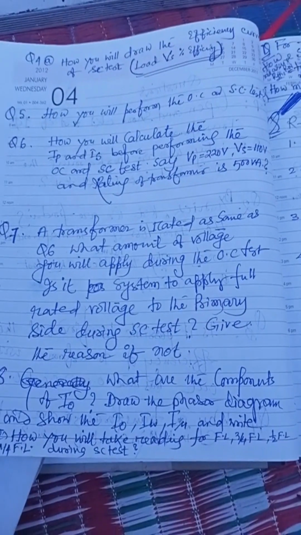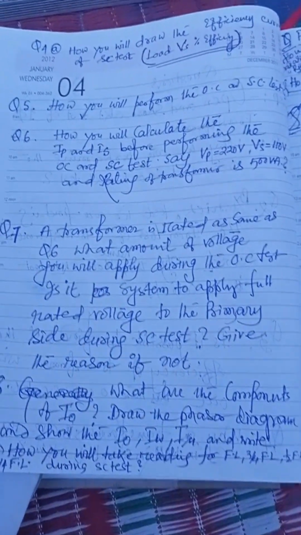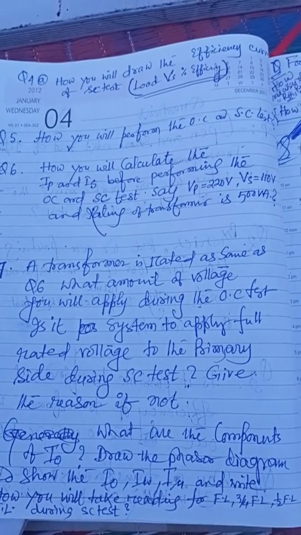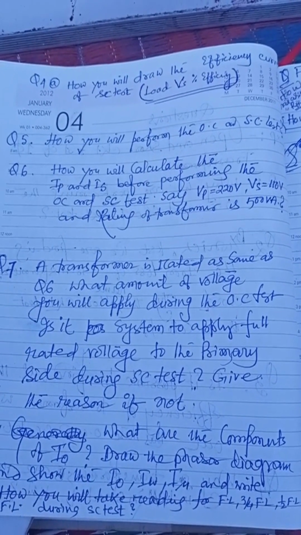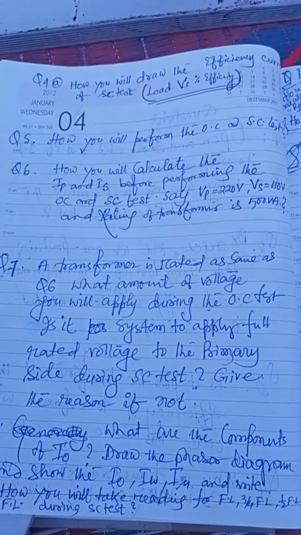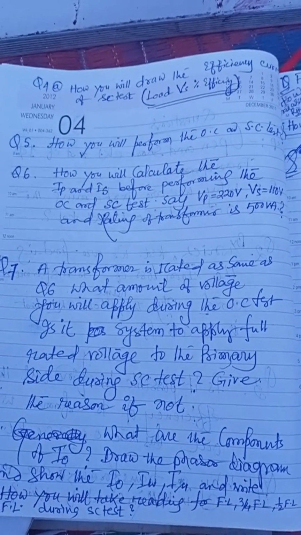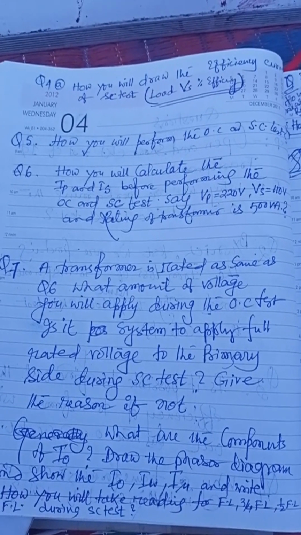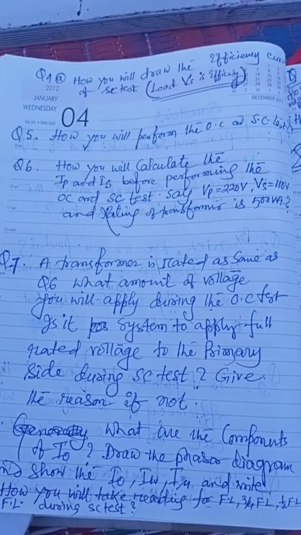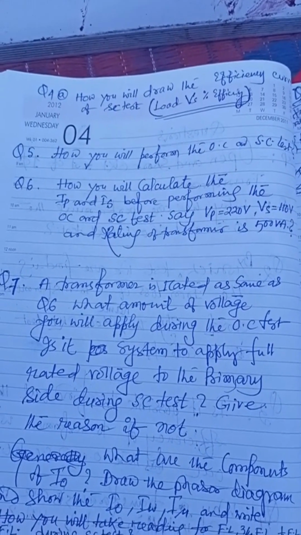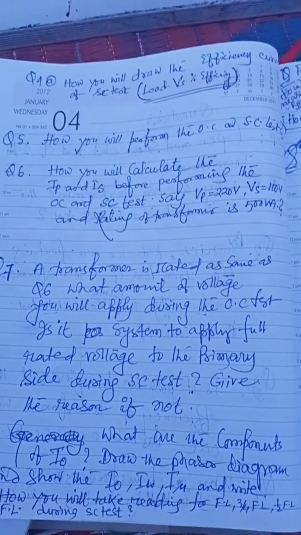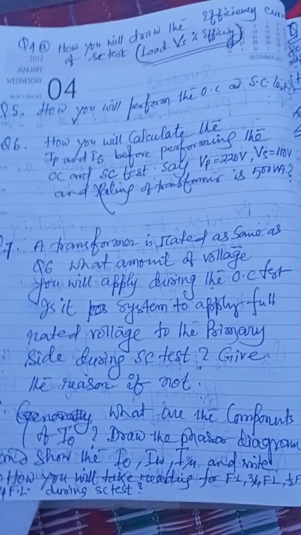I am repeating again question number 7. A transformer is rated the same as in question number 6. What amount of voltage will you apply during the open circuit test? Is it safe to apply full rated voltage to the primary side during the short circuit test? Give the reason if not.